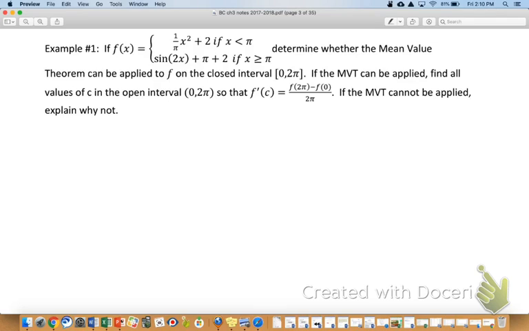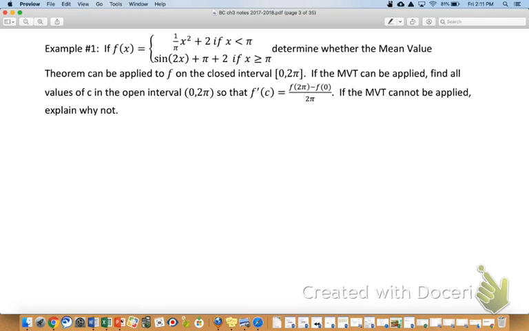We shall see. Okay, so whether you just remember this from before, maybe you watched the intro video, there are two conditions the mean value theorem needs in order for it to be true. You guys remember what those two conditions are? Continuous and differentiable. Got to be a continuous and differentiable function or graph. And so when you look at a question like number 1, it says if f of x equals that whole big piecewise thing, determine whether the mean value theorem can be applied to f on the closed interval 0 to 2 pi.